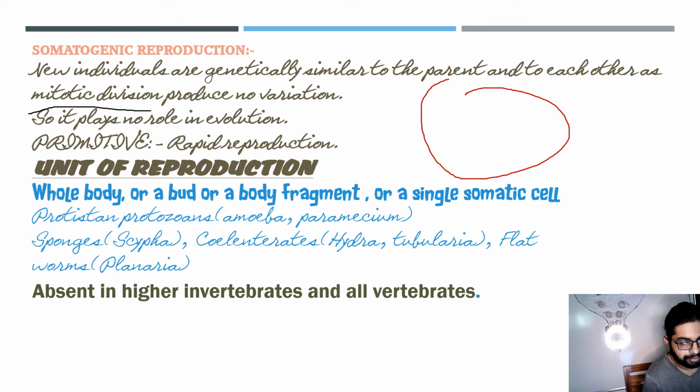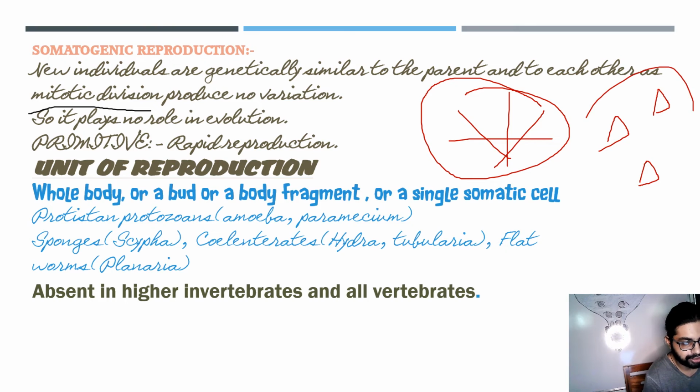So this body of the parent divides itself to produce offsprings, and these offsprings are genetically similar to the parent and also to each other, because mitotic division produces no variation. So it plays no role in evolution, and thus no evolution takes place, meaning no new character formation or development takes place, because there is no fusion of gametes.